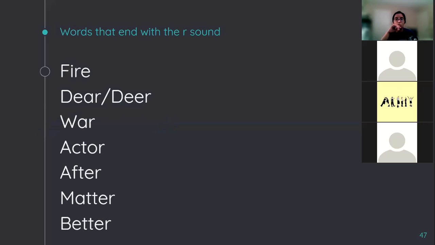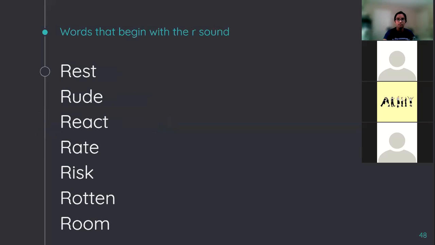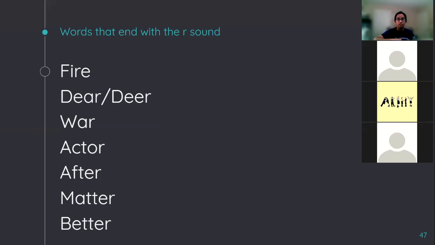The first one is words that end with the R sound. For example, fire. Can you guys say that? Fire. Yes, it has the ER sound, fire. Next one is deer. Can you guys say that? Deer.